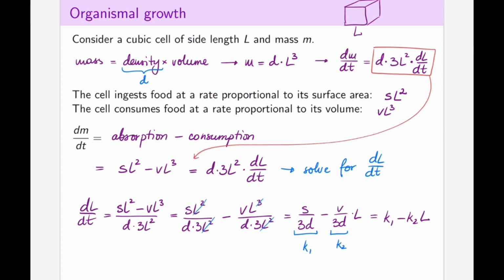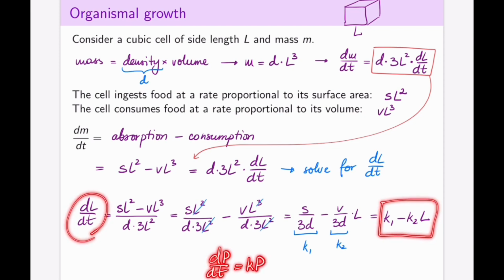So what we have here is the equation dl by dt is equal to K1 minus K2L. So this is saying that the rate of growth of the side length is negatively proportional to the side length itself, with some other constant added to it. Note that this equation is not the same as the basic type that we've been solving so far, where I have, for example, dp by dt is equal to kp. There is more to it on the right-hand side here.